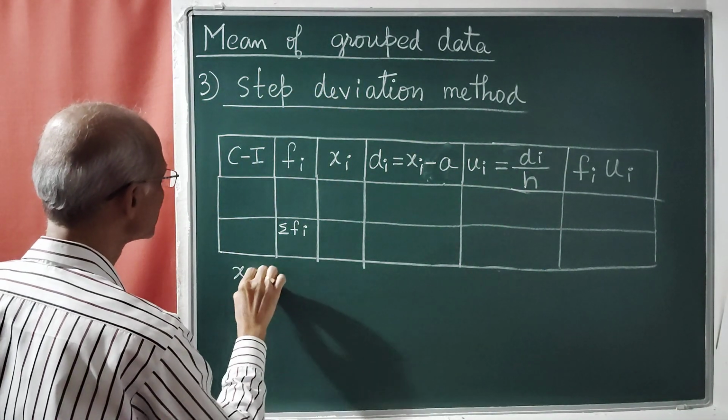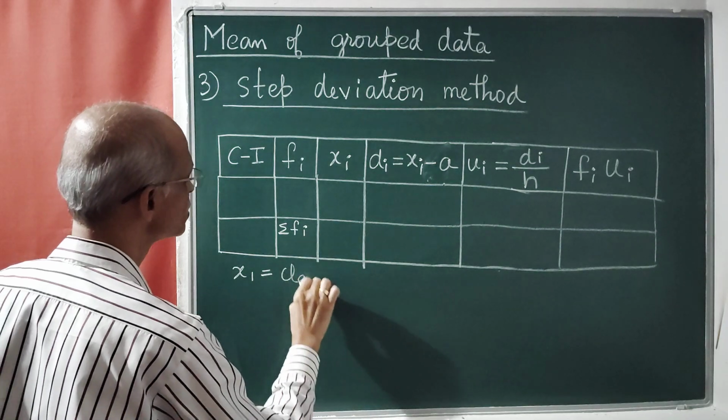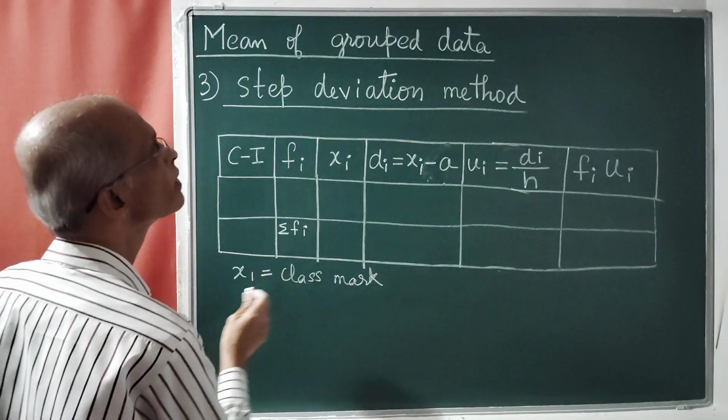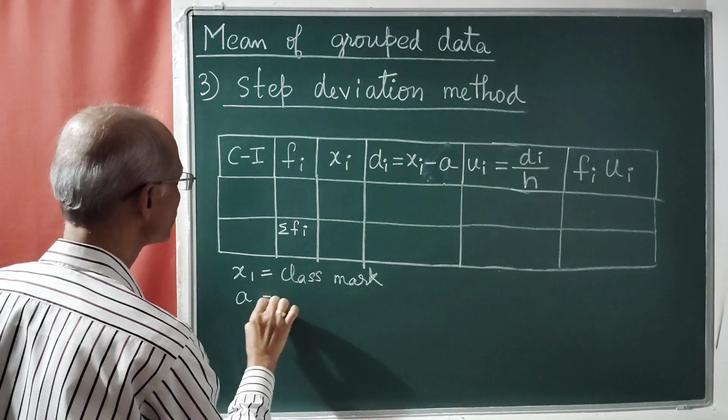So xi is a class mark. A is the assumed mean.